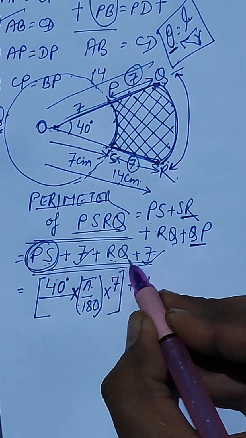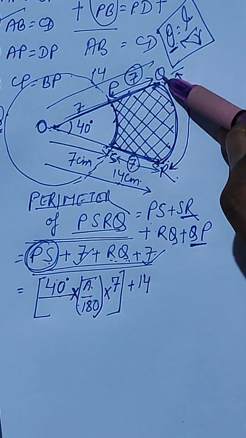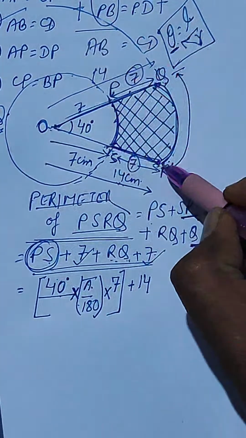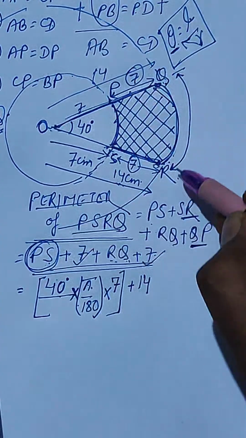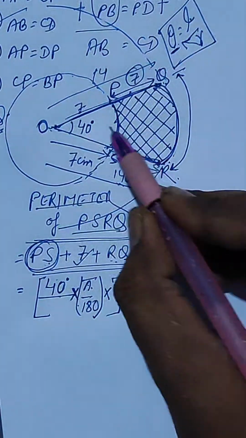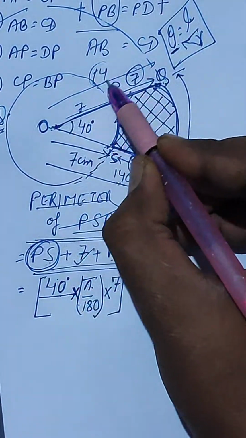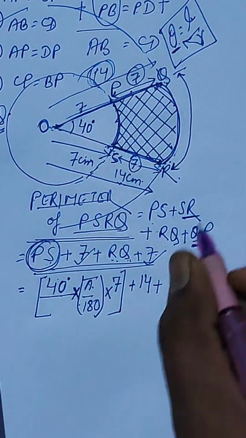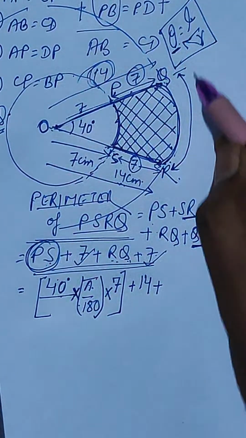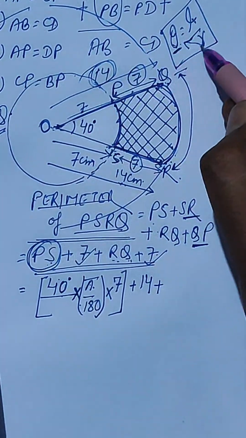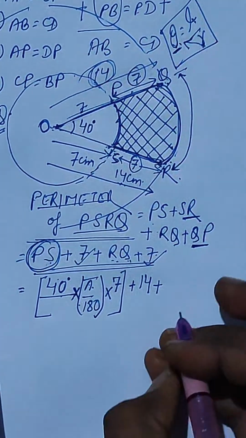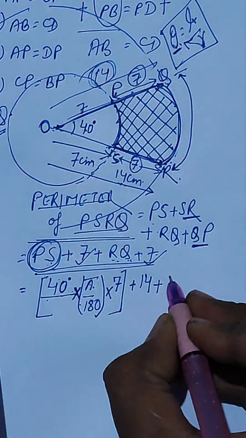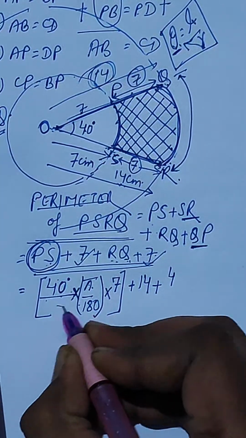What is the length of RQ? RQ is this one. RQ is a part of this bigger circle, and the radius of this is 14, right? So it will follow the same formula, theta equal to L by R. So the length of the arc will be theta into R. Theta will be the same 40 degrees as we did in the first part.